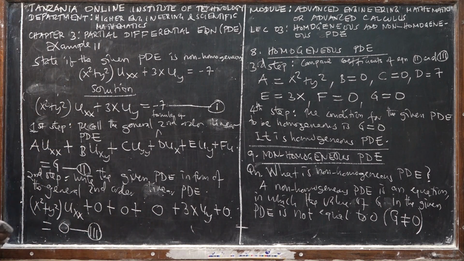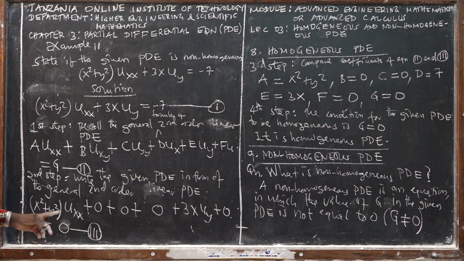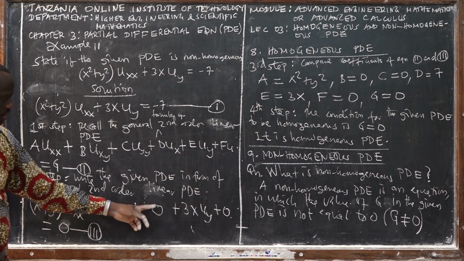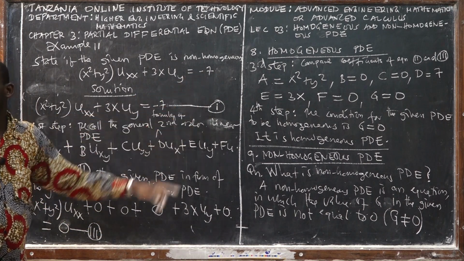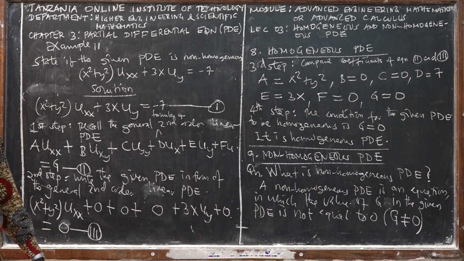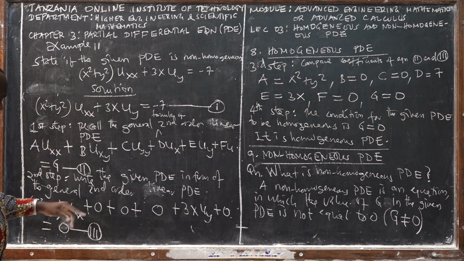Okay, which term? It's what? D. Yes, A, B, C, D. For this equation, D is not there. Right? U of x. Then we have what? 3x. Okay, we have it.